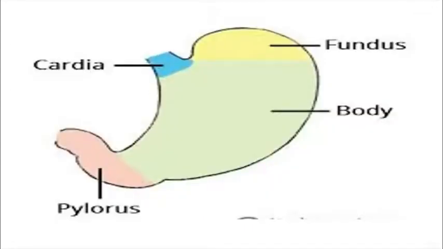The size of the stomach varies according to the volume of food it holds, but approximately it holds 1.5 liters in an adult. It contains gastric acid and gastric juice that play an important role in breaking down complex food substances into their simplest form.